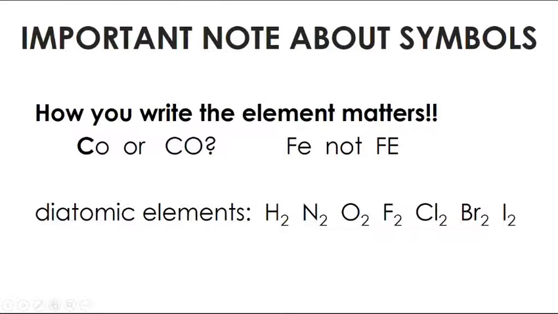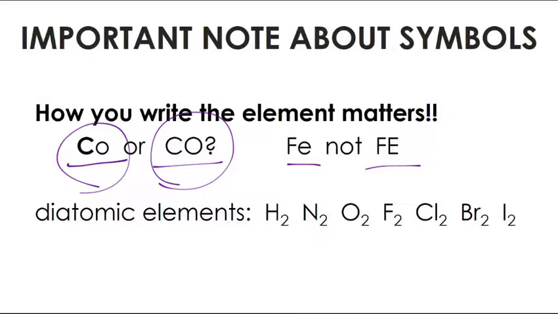Now, we've already started to learn and talk about element symbols on the periodic table, and I definitely saw some people confusing the capitalization of our elements. It's really important that we keep that very consistent, because capital C lowercase o is cobalt, capital C uppercase O is carbon monoxide.